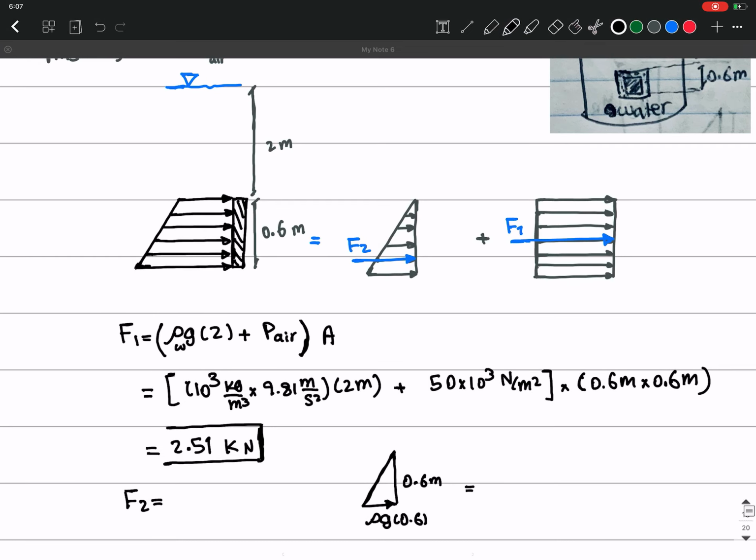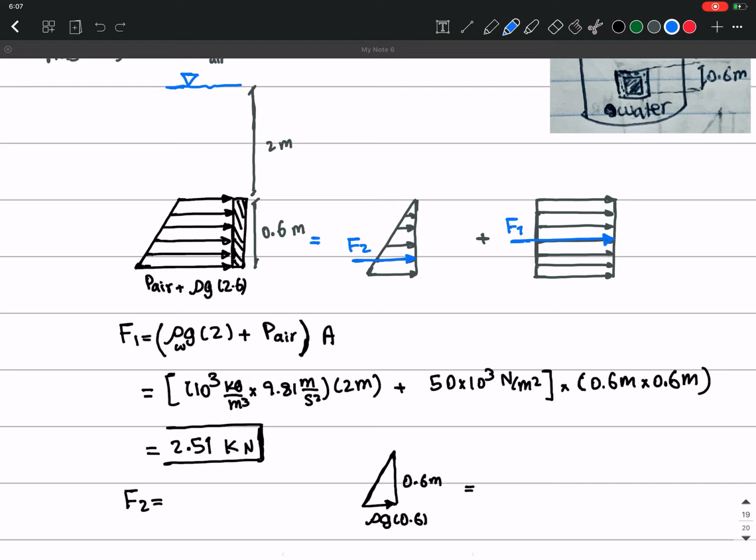Here we had P air plus rho g times 2.6, right? This was the magnitude of the pressure at the bottom here, okay?